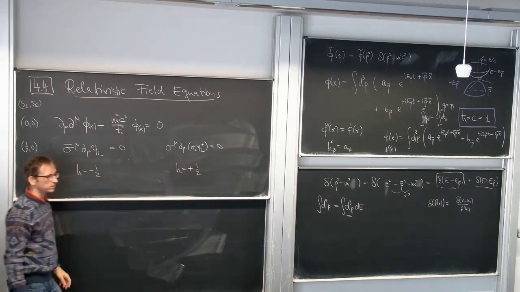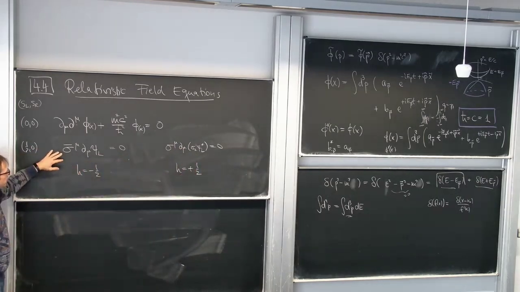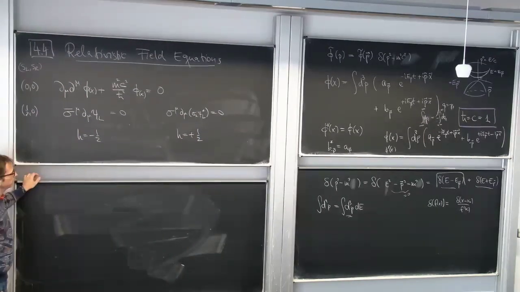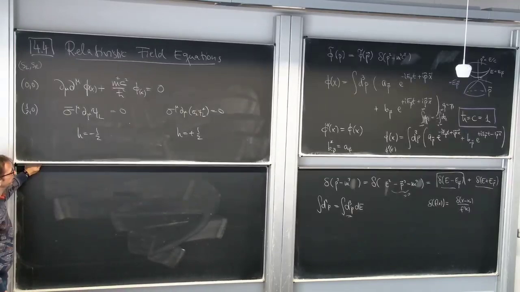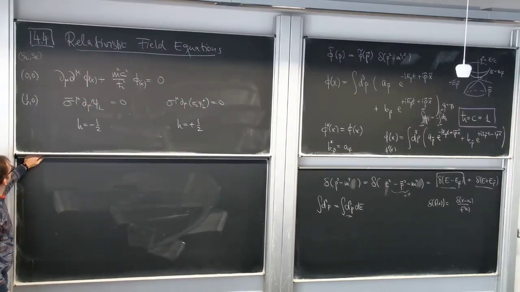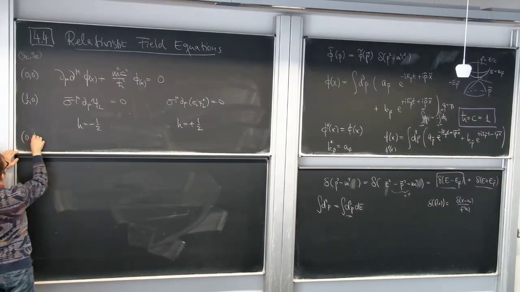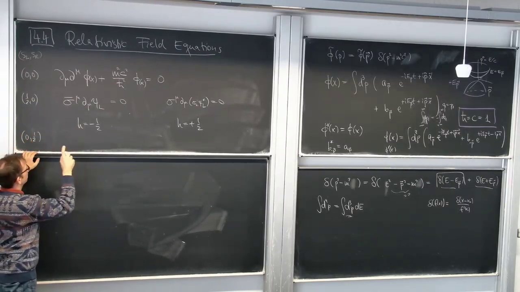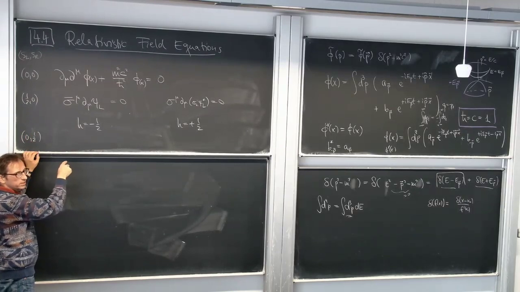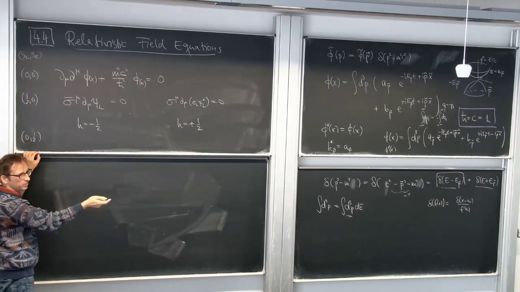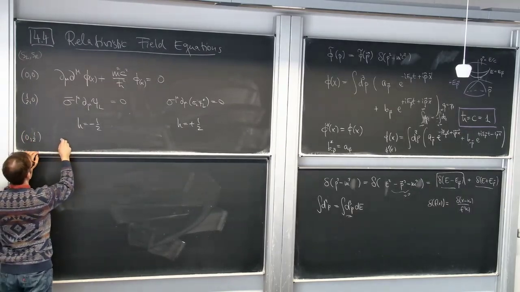There are 2 degrees of freedom in it, and these are the ones. Now, the other one is just the opposite. So if you have the right-handed spinor, then you have a right-handed particle together with its left-handed antiparticle. So analogous.